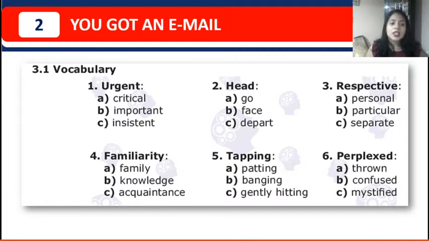Okay, so guys, please, what is the meaning of urgent? What do you think is the meaning of urgent? Critical, important, or insistent? Tell me, please.